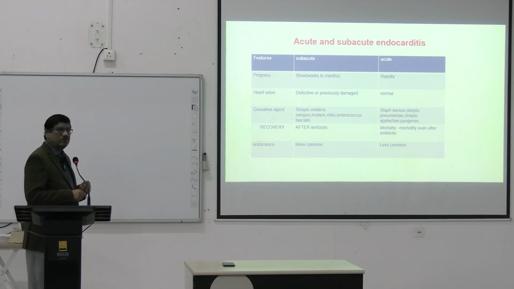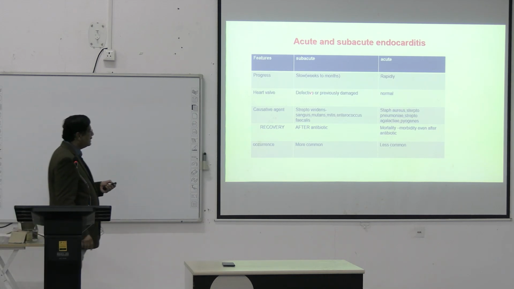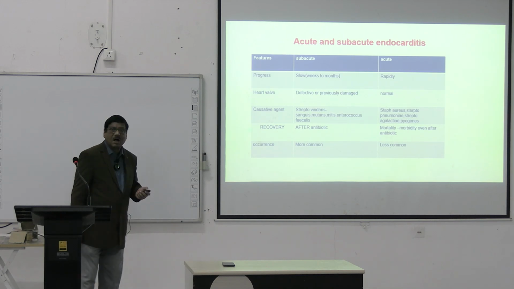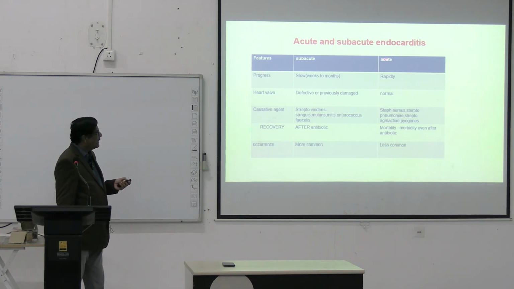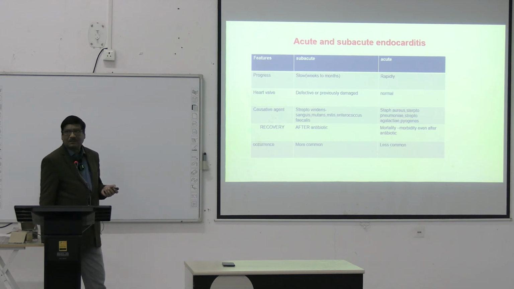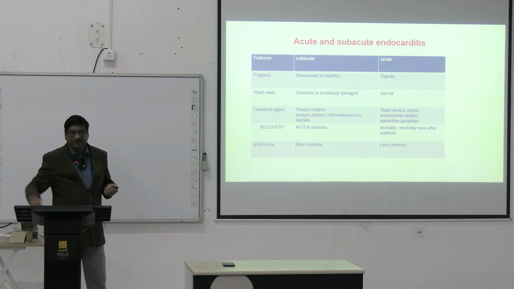But in case of acute, it is very rapid. In subacute endocarditis, the target is a defective and previously damaged heart valve. But in acute, the heart valves are normal. The causative agent is the viridans streptococci, the alpha hemolytic group.